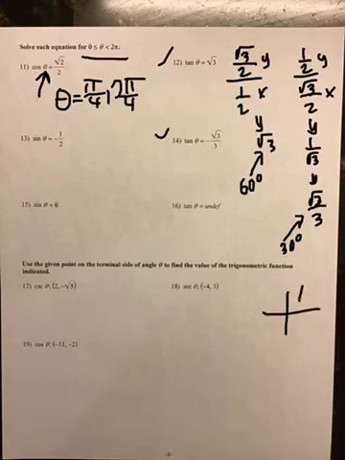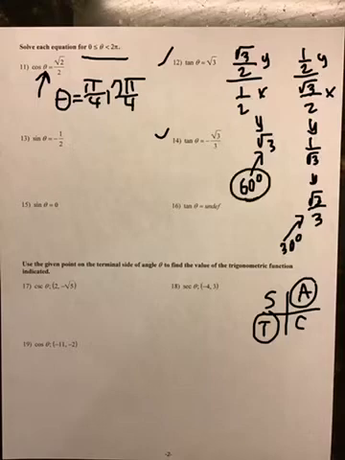Remember my ASTC, the tangent's positive here and here. So I'm looking for a 60 degree angle in those quadrants. The first one is 60 degrees, so pi over 3. The next one, the 60 degree angle in the 3rd quadrant: 180 would be 3 pi over 3, so I will need 4 pi over 3.